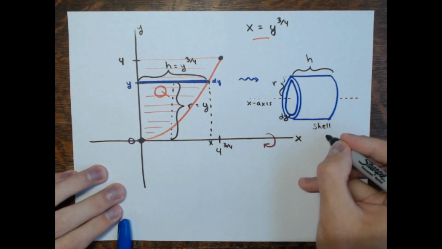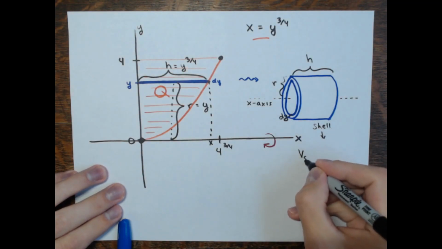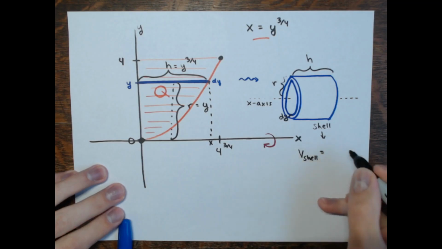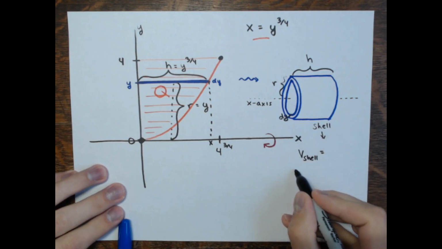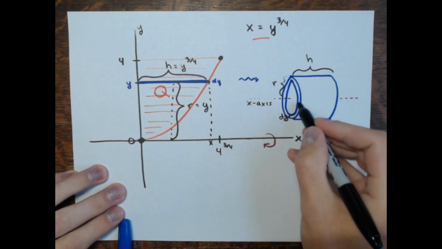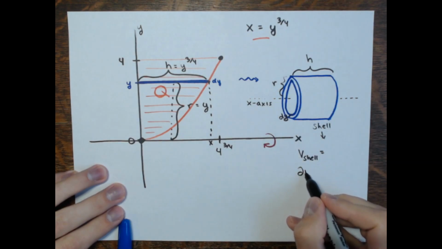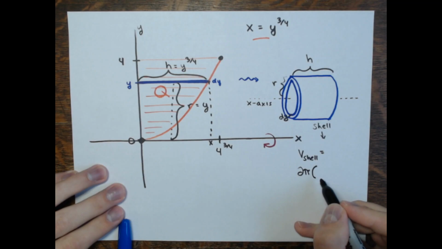Okay, so the volume of one shell. This is a cylindrical shell. The volume of a shell is going to be the circumference of the ring, so 2 times pi times the radius.